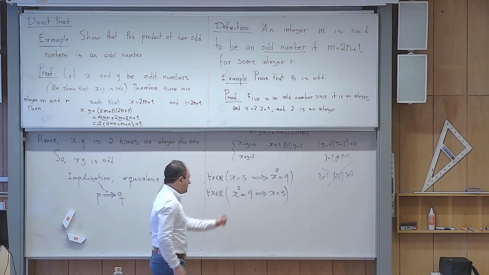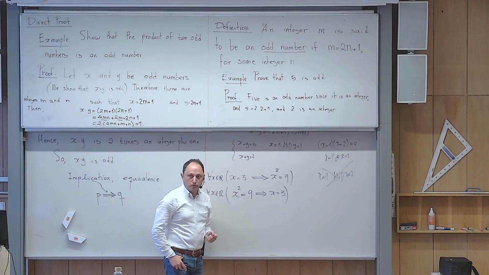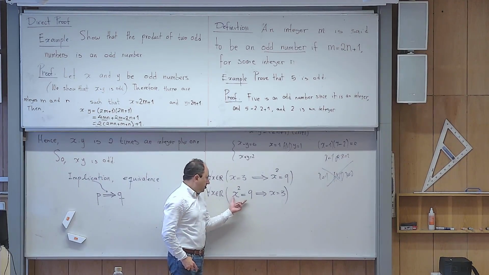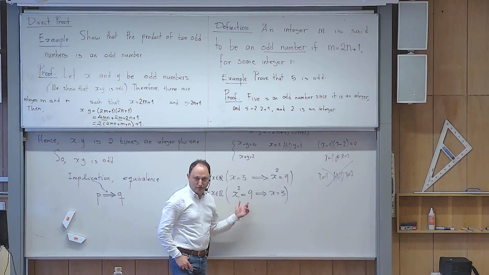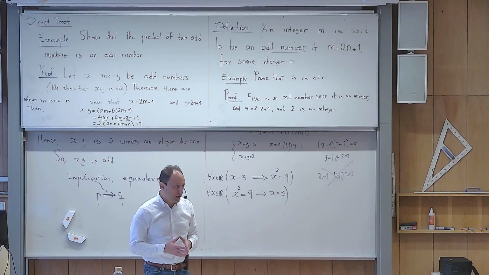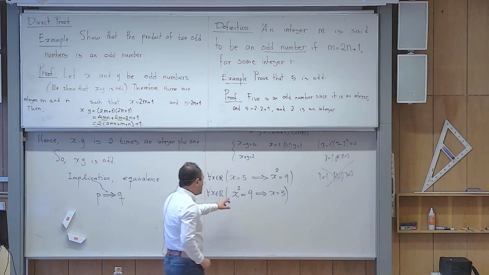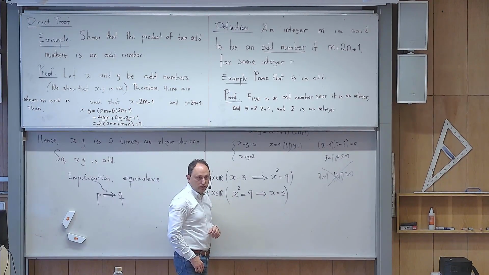This is the only information that I have given to you. Can you bet on your life that x is 3? Then you have to be doubtful, because there is a 50% chance that you die. It might happen that x is equal to minus 3. So if x squared is 9, it by itself does not guarantee that x is equal to 3.